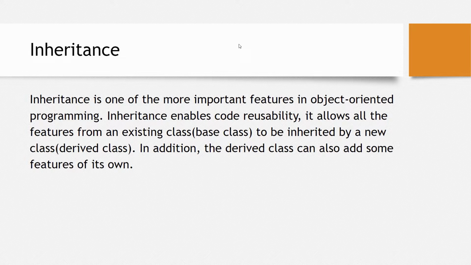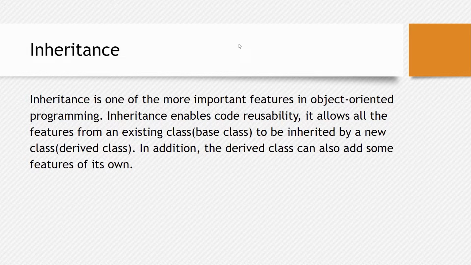We use inheritance because it enables code reusability. Whenever you have to write much code, you write much less code if you use inheritance. Let's assume you have code written in a class. Now you want to add your own functions, but you also want some functions of the base class.